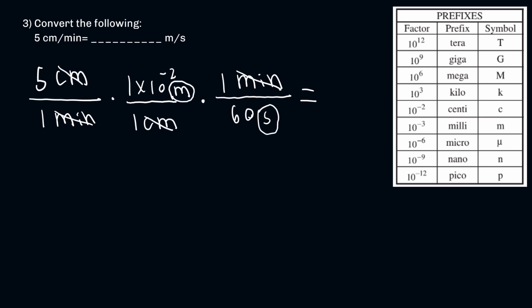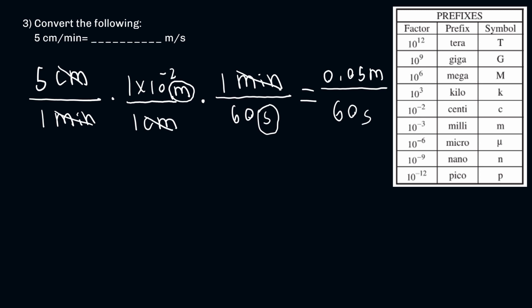So now let's just do the math straight across. So 5 times 1 times 10 to the negative second. So 10 to the negative second times 5, that on top is going to be 0.05, and that's going to be in meters over 60 seconds for the moment. Just divide those to get the final answer.